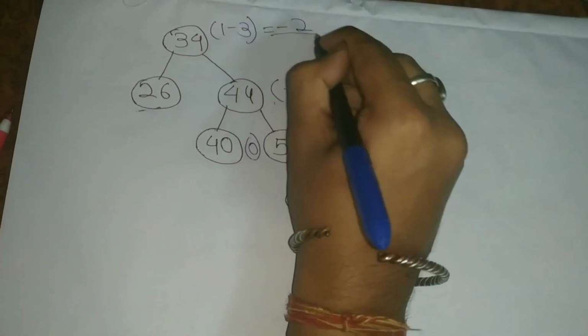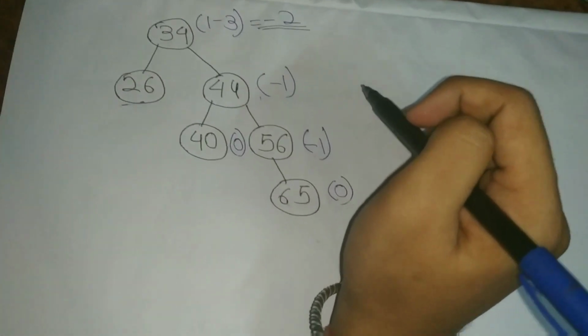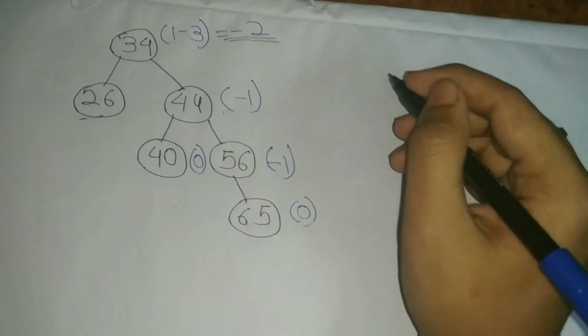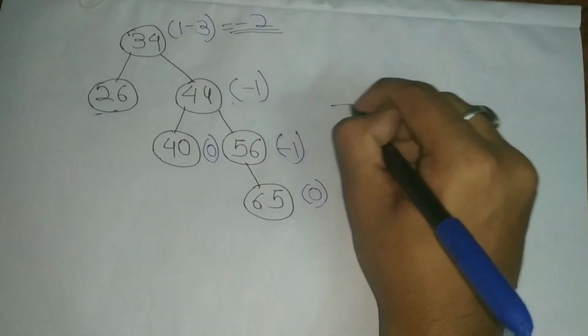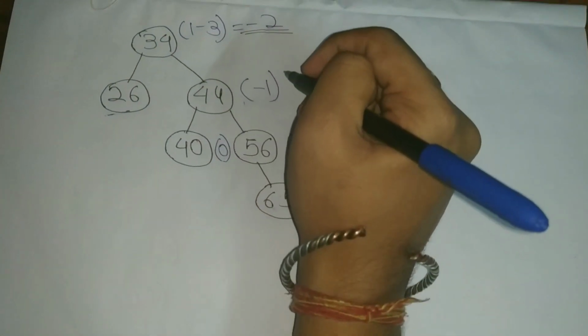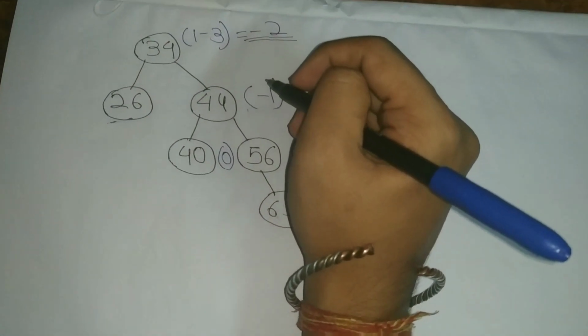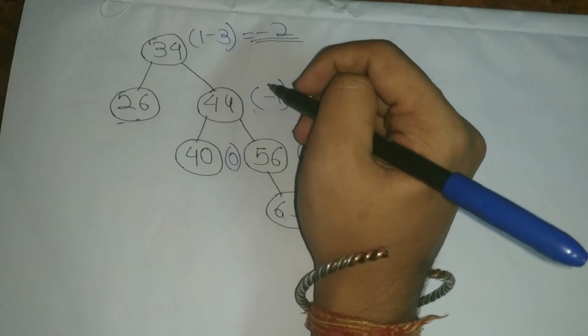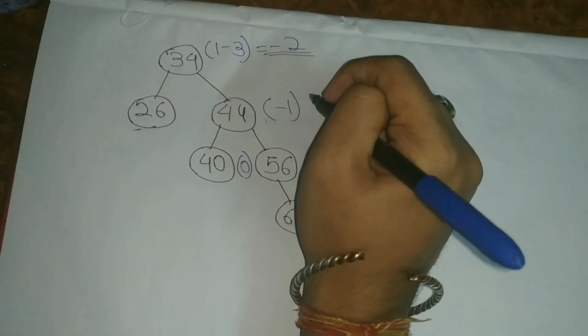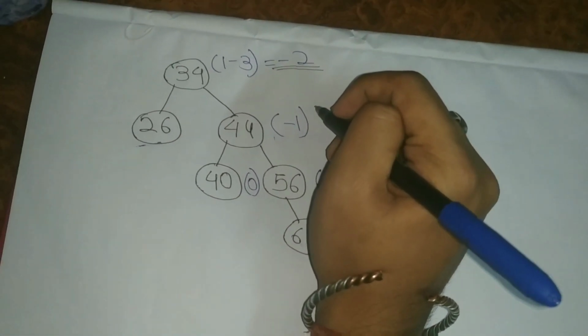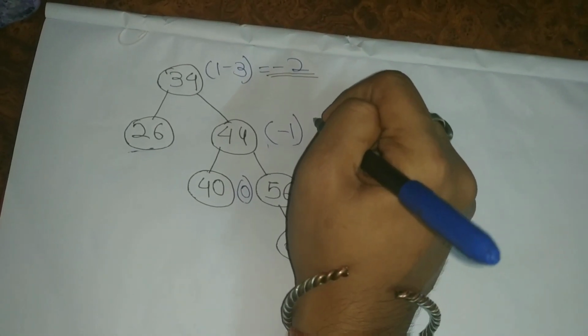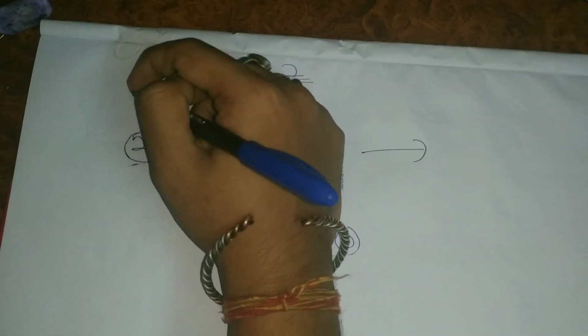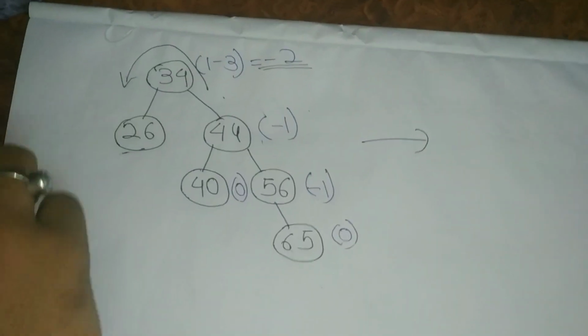The balance factor is minus 2, which is not an AVL tree. So we have to balance. How can we balance? By performing right rotation. By performing right rotation, we have to make rotation from right to left.